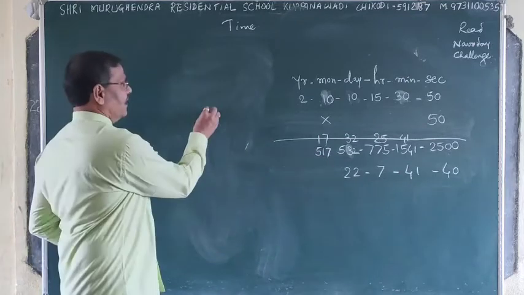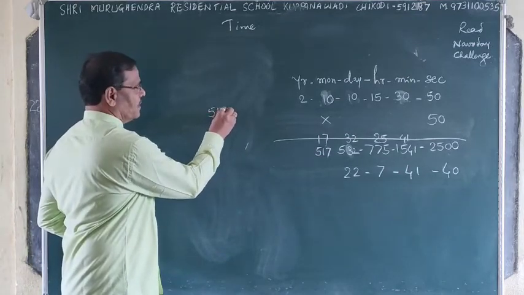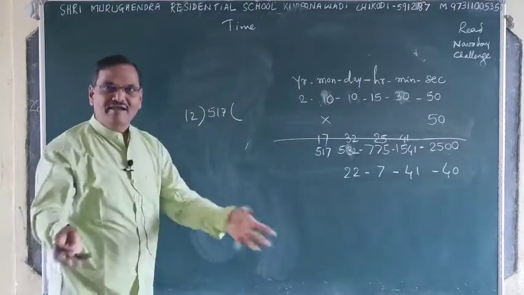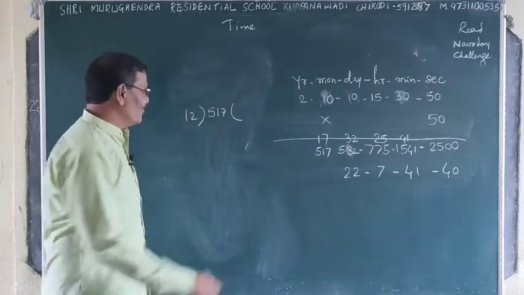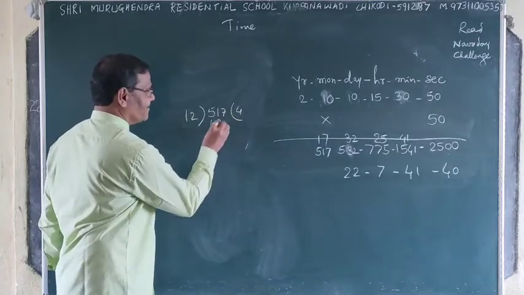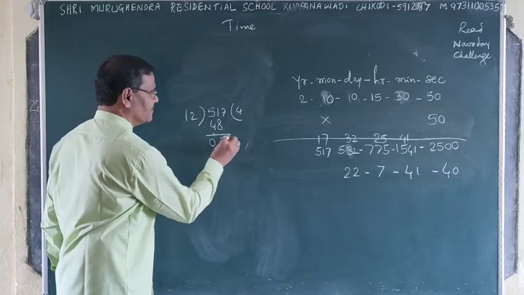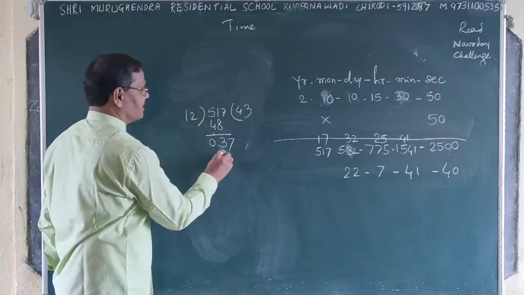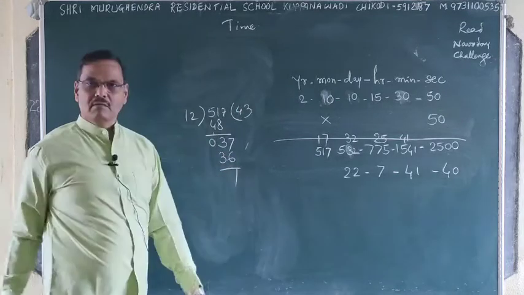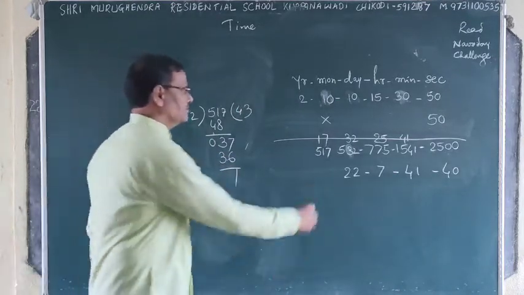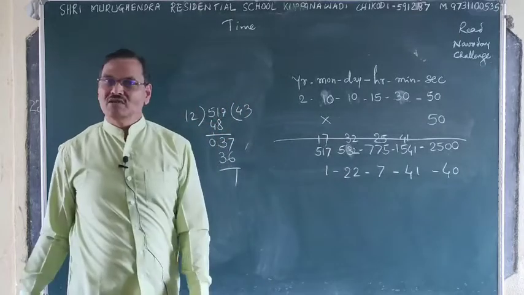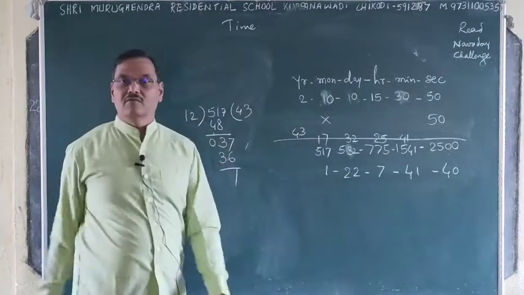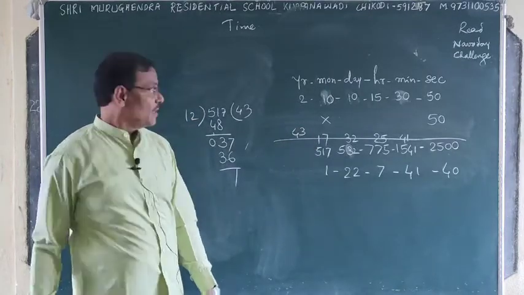So divide it by 12. 12 fours are 48. 3 remains, 7 you taken. 12 threes are 36. 1 remains. Only 1 month remained, whereas 43 years came.